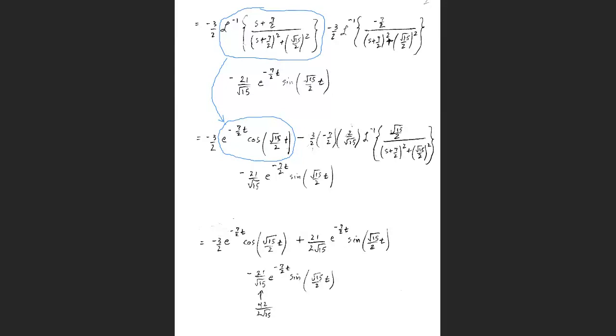Now the second inverse Laplace transform, what do we want up here in the numerator? Do we want a -7/2 up there in the numerator? What do we want in the numerator so that we can take the inverse Laplace transform? What number?